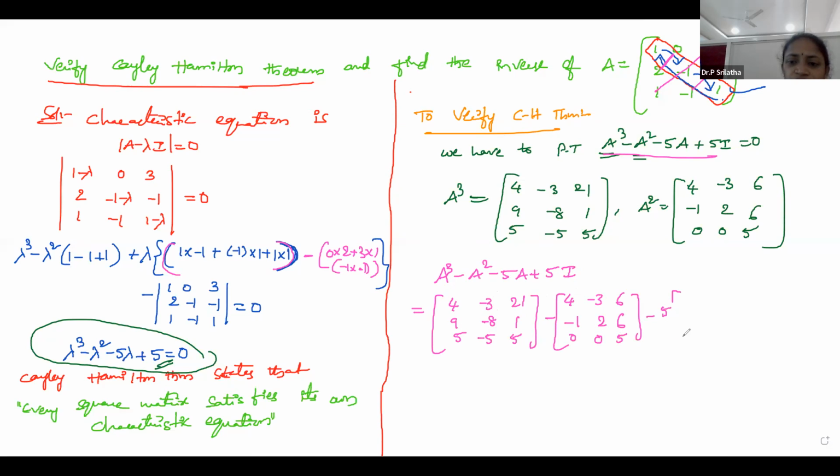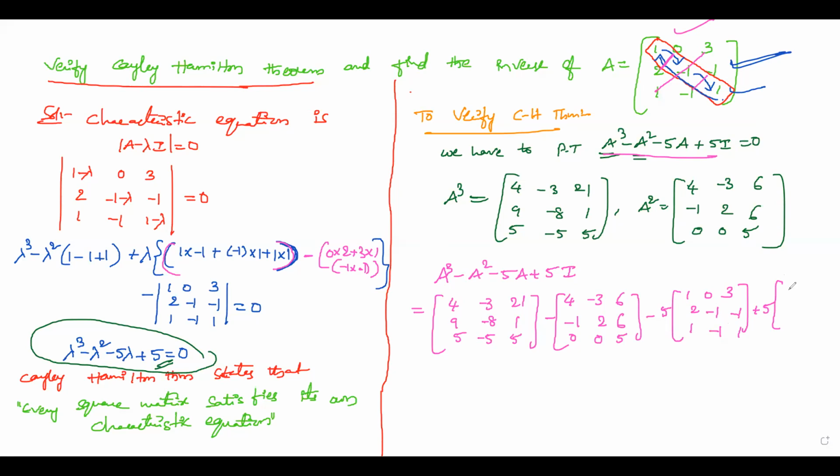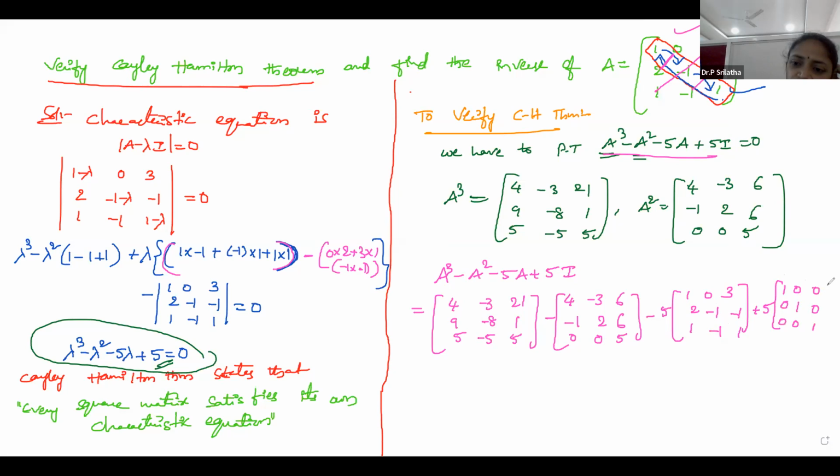Minus 5 into A. What is our given matrix A? Plus 5 into I, the identity matrix of order 3, because our given matrix is a 3 by 3 matrix. So that is 1, 0, 0; 0, 1, 0; 0, 0, 1.